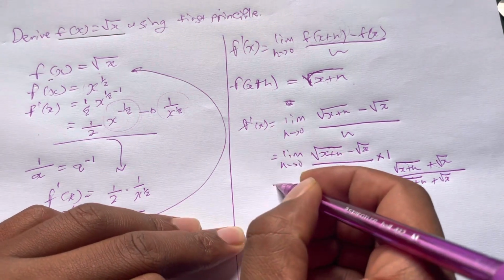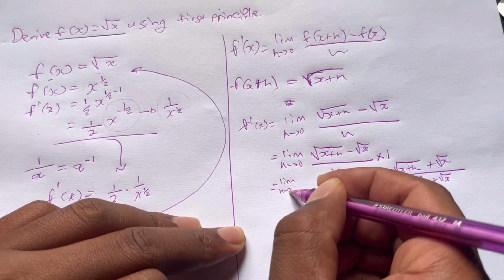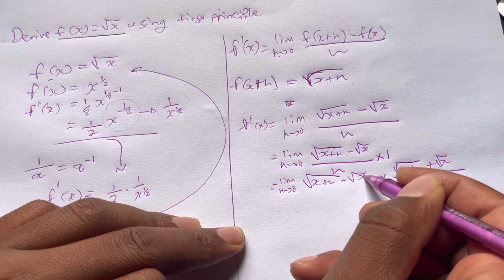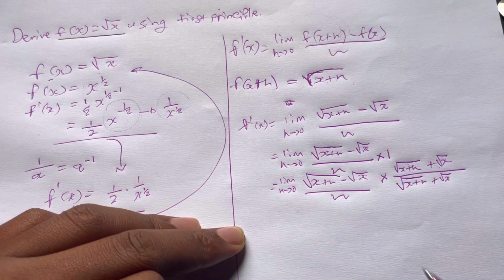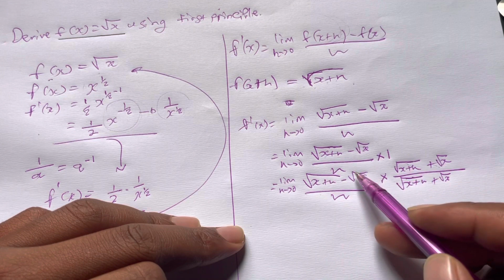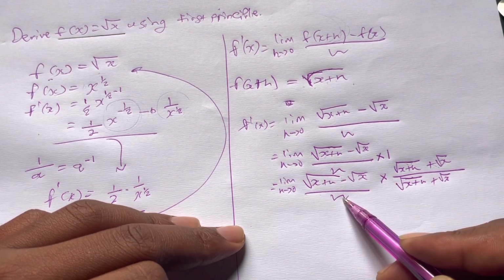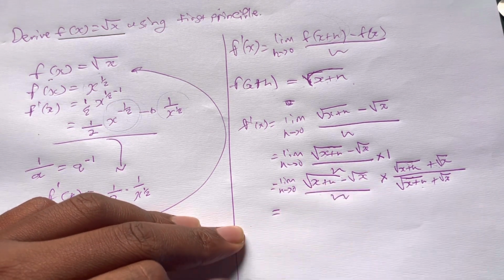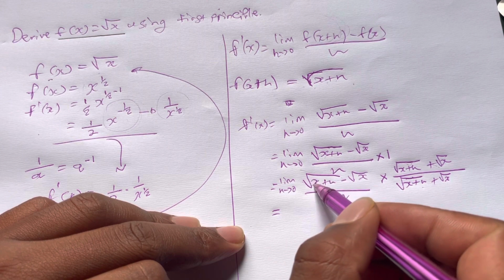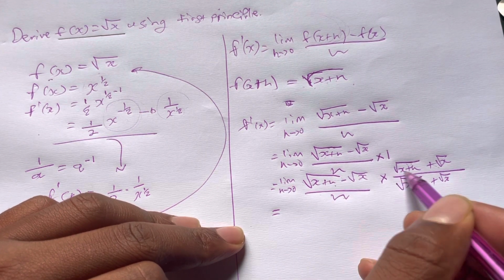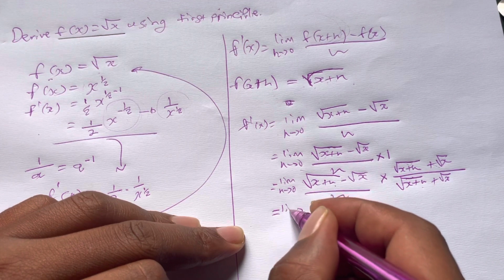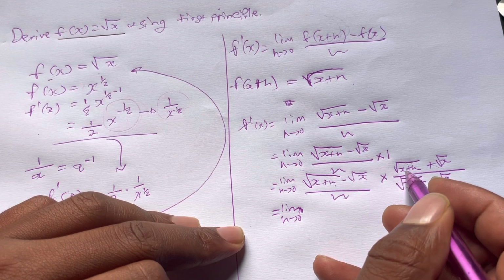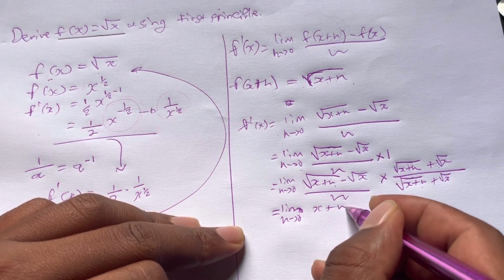So this side you still have your square root of x plus h minus square root of x all over h. And then from there, it's just direct multiplication. The numerator multiplies the numerator, the denominator with the denominator. Okay, so then you are going to say square root of x plus h times square root of x plus h will give you x plus h.